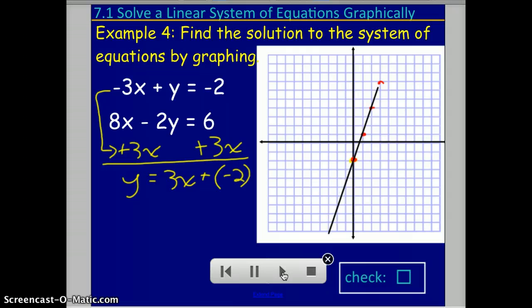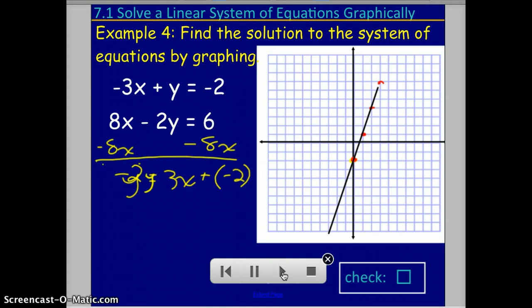Once we have that line graphed, we're going to go ahead and erase that part. We're going to subtract 8x from the second equation. I apologize for the overwriting. Your equation for the second one should be y equals 4x minus 3.